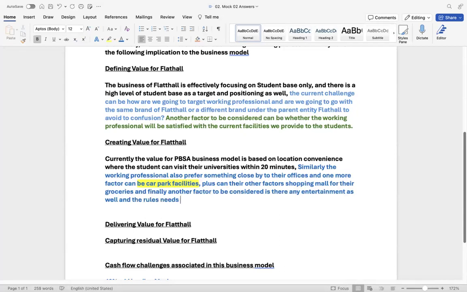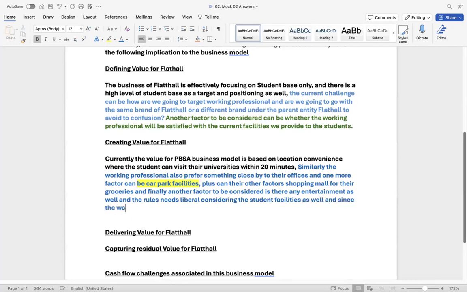I can use the term liberal, considering the students' facilities as well. And since the working professionals have an income, their expectations can be different as well.